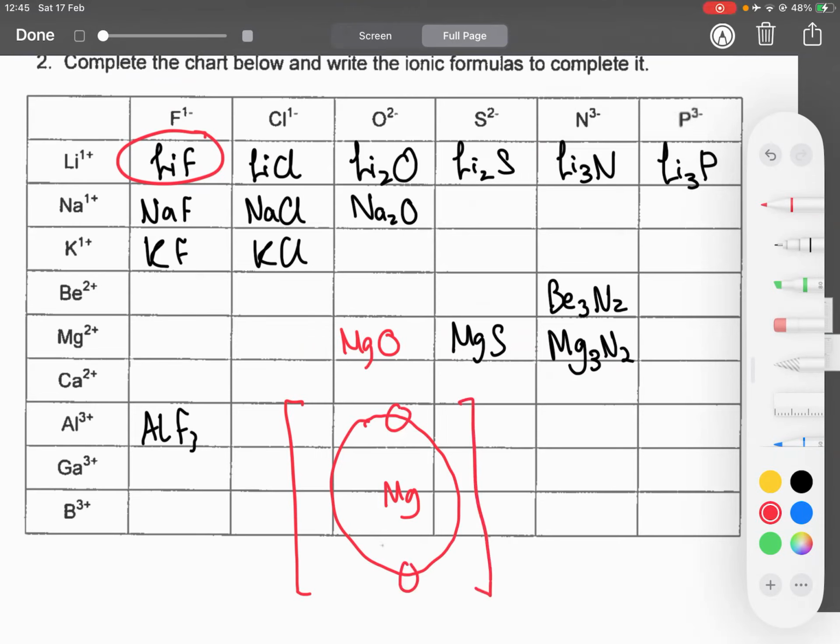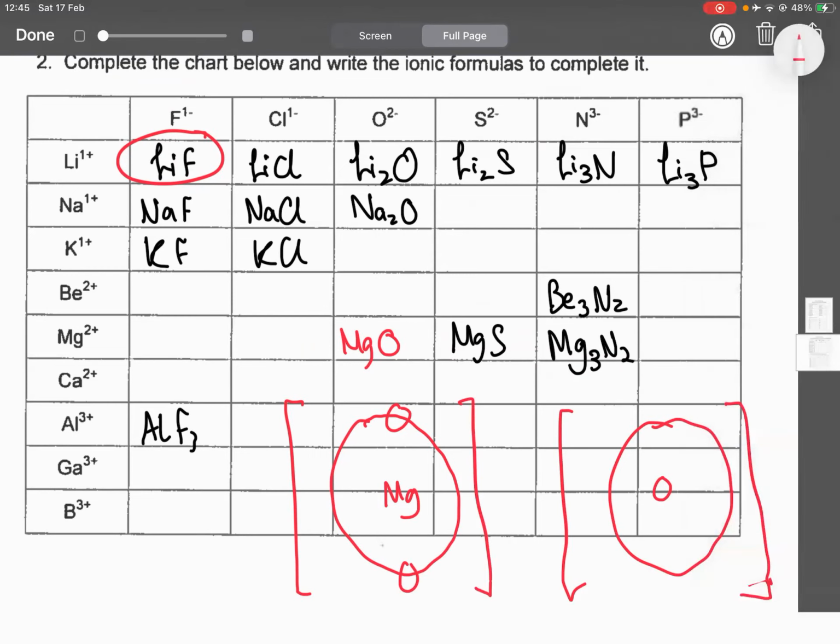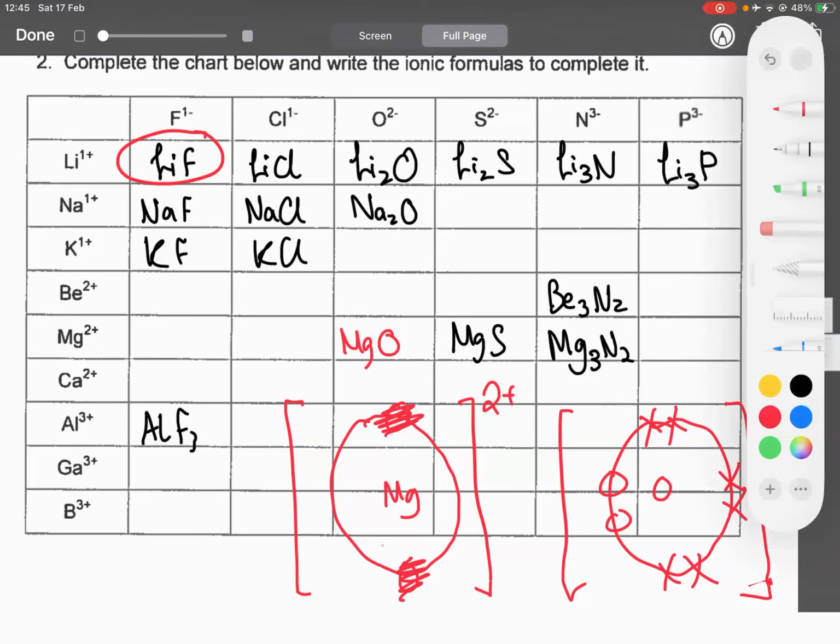It's in group 6. And then what would happen? Magnesium would give 2 to oxygen. So it would be a 2 plus and then oxygen would be a 2 minus. Good. So remember, ionic is about transfer of electrons, okay?